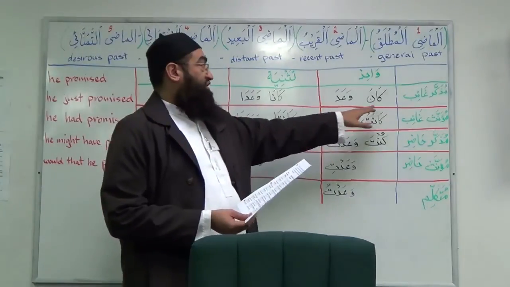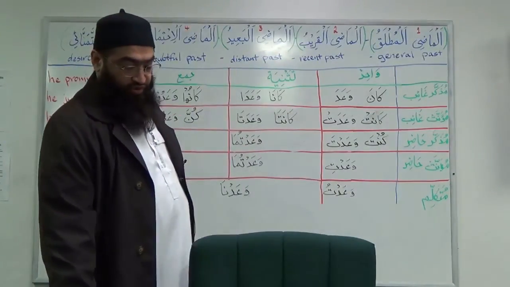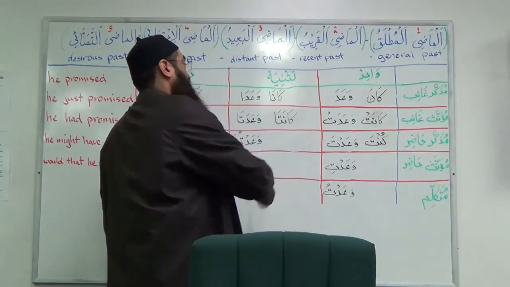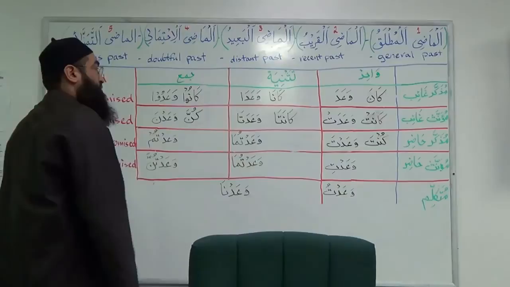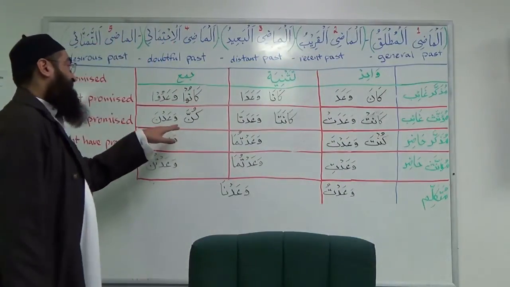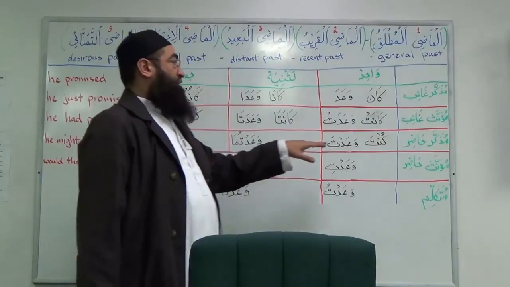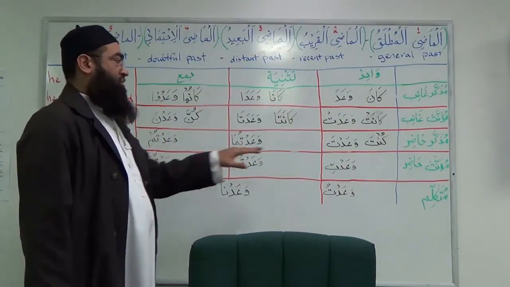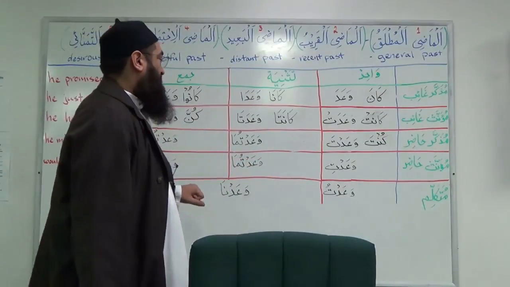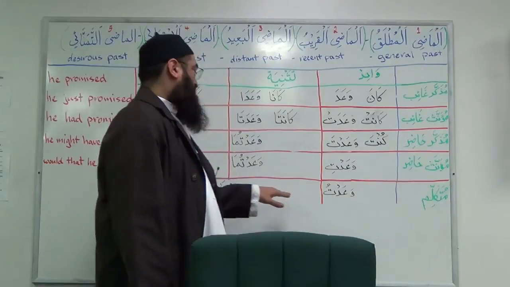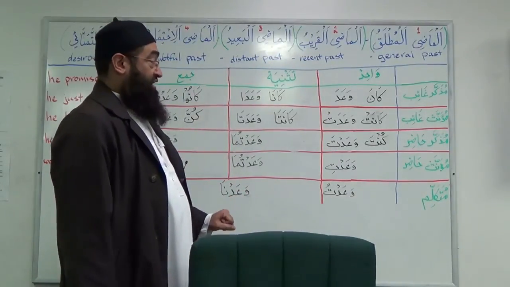So when it's negative, if you put a ma over here, ma kana wa'ada, ma kana wa'ada, ma kanu wa'adu, ma kanat wa'adat, ما كانتا وعدتا ما كنا وعدنا ما كنت وعدت ما كنتما وعدتما ما كنتم وعدتم ما كنت وعدت ما كنتما وعدتما ما كنتن وعدتن ما كنت وعدت and ما كنا وعدنا.